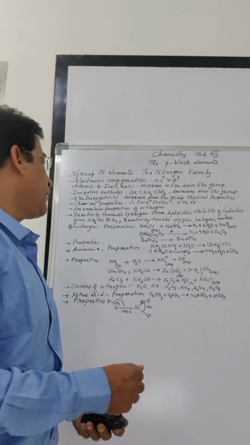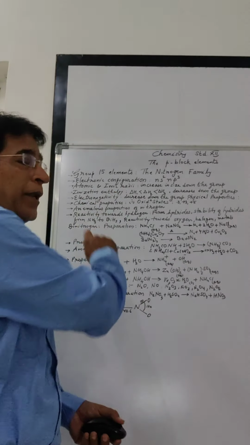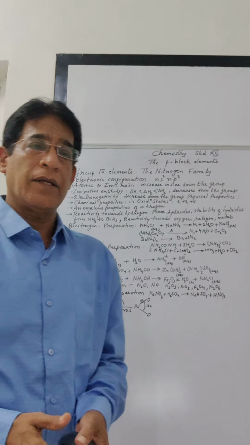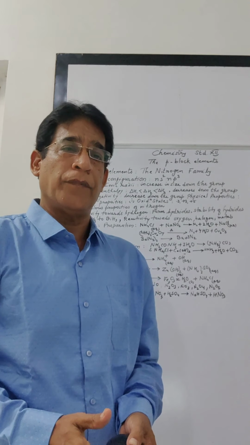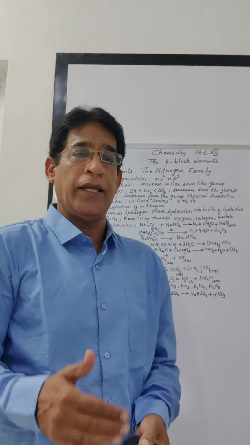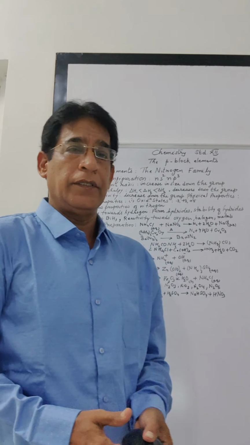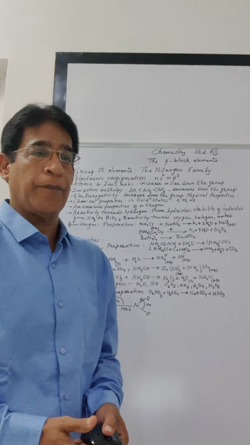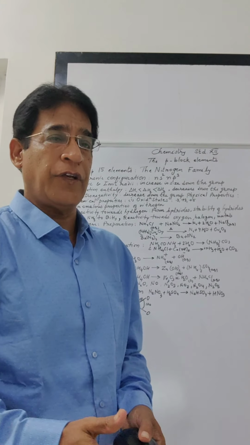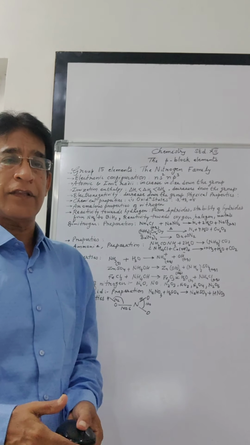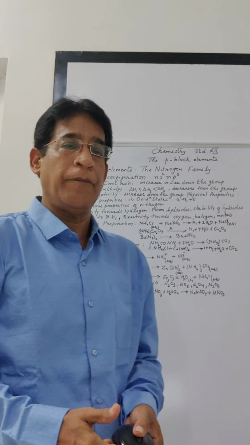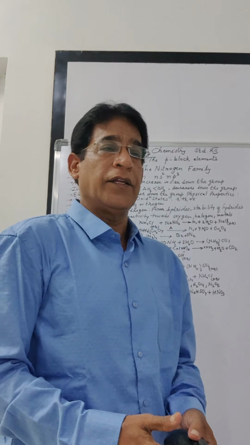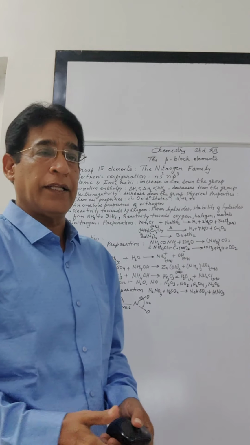Now, ionization enthalpy. Ionization enthalpy decreases down the group due to gradual increase in the atomic size. Because of extra stable half-filled p orbital electronic configuration and smaller size, the ionization enthalpy of group 15 elements is much greater than that of group 14 elements.